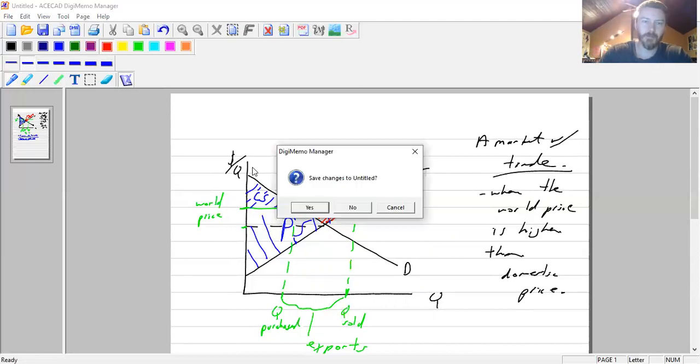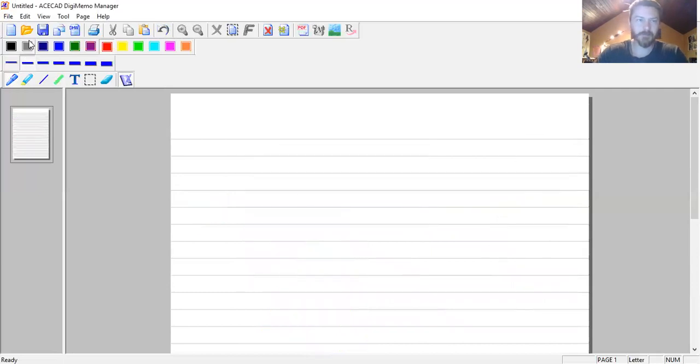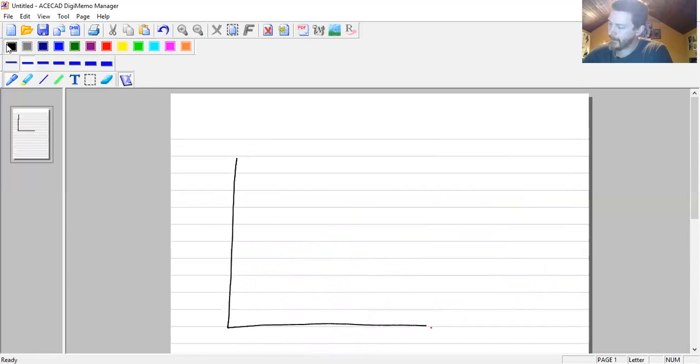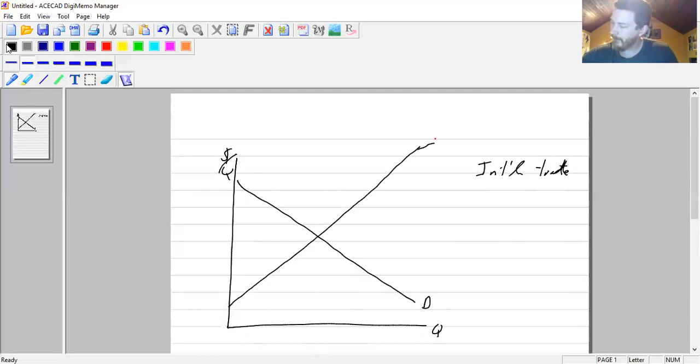Let's go through one more example. We're going through another international trade example, but here, world price is lower than domestic price.